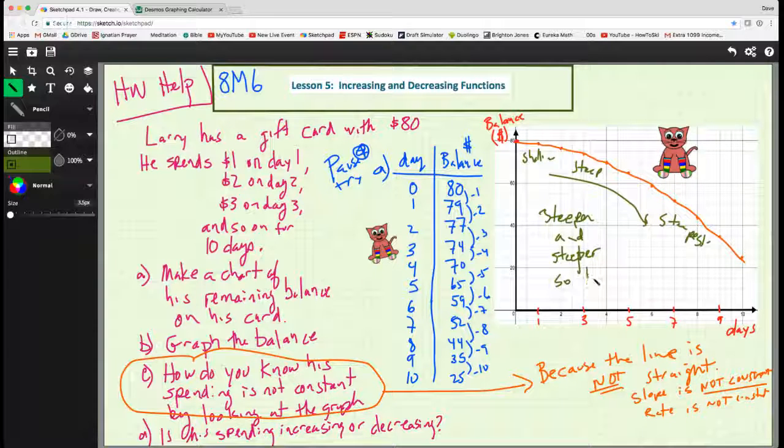So his spending is increasing. And that's consistent, right? So I asked you to look at the graph to answer the question, but you can see that his spending is increasing day in and day out.